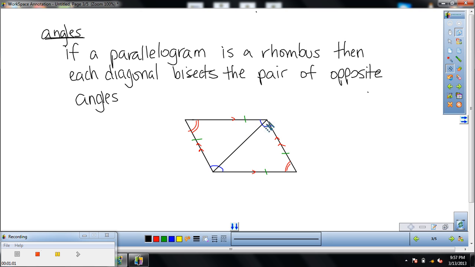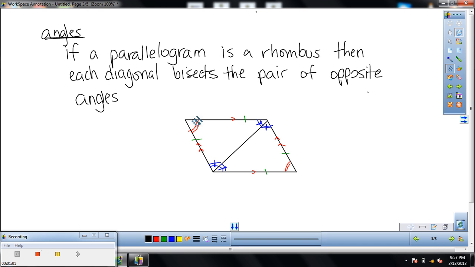So while I had a pair of congruent angles, now my angles are being bisected. So this angle is now congruent to this angle because the diagonal cut it in half. And this angle is congruent to this angle because the diagonal bisected it. And that's also true for our red pair of opposite angles.